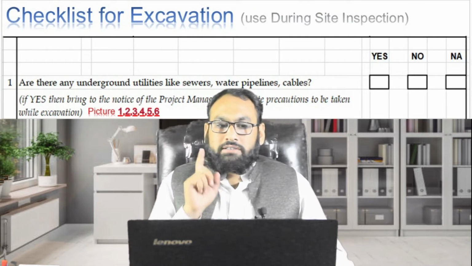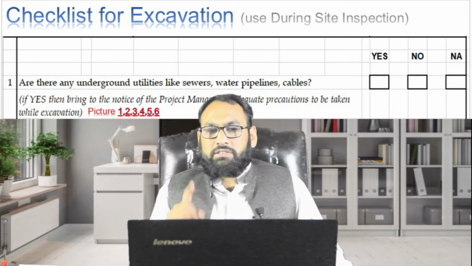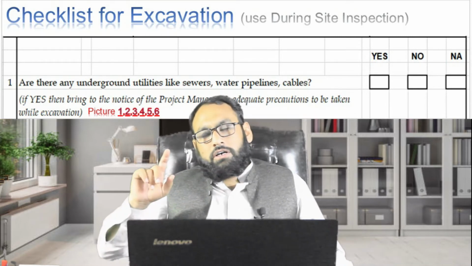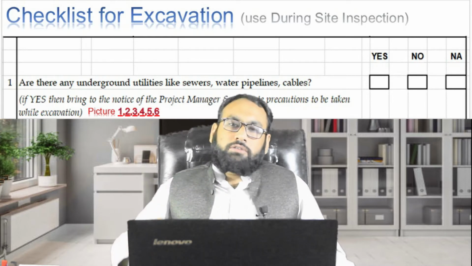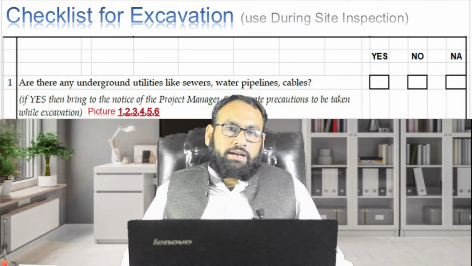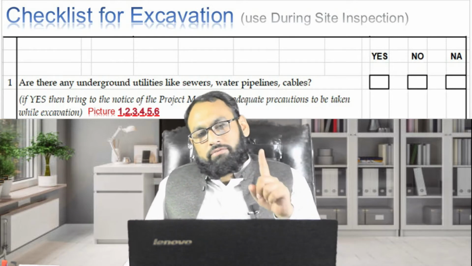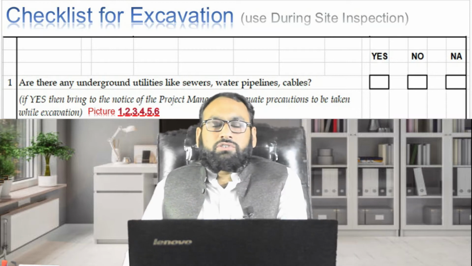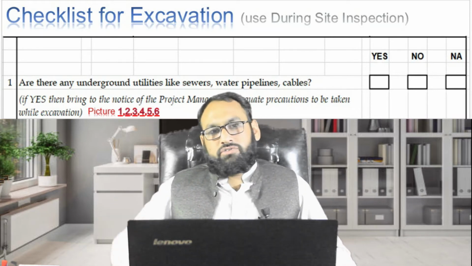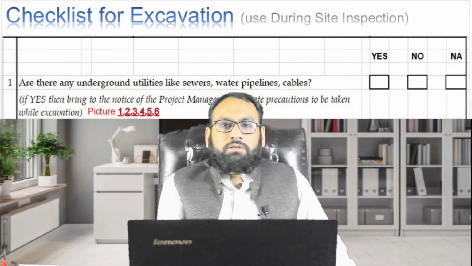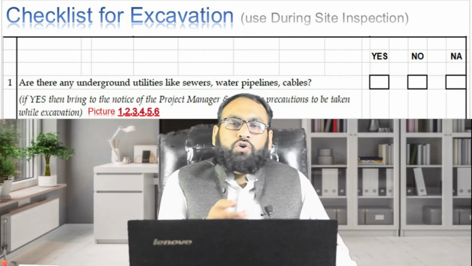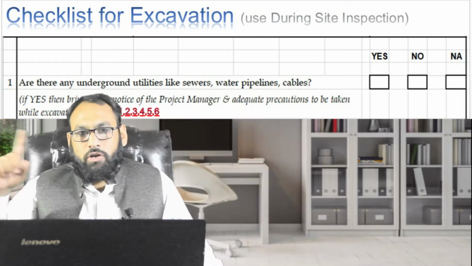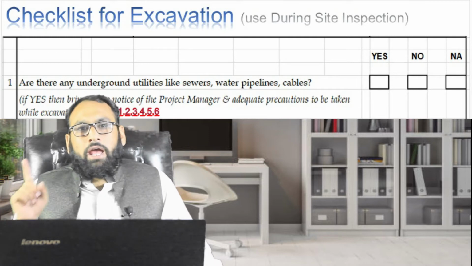The first point is: are there any underground utilities like sewer line, water supply line, pipeline, and cable etc.? If a cable or some utility like a sewer line or water supply line is available under the excavated area, you must bring it to the knowledge of the engineer in charge. If he allows you to excavate and replace these pipes and cables, then you can proceed further.